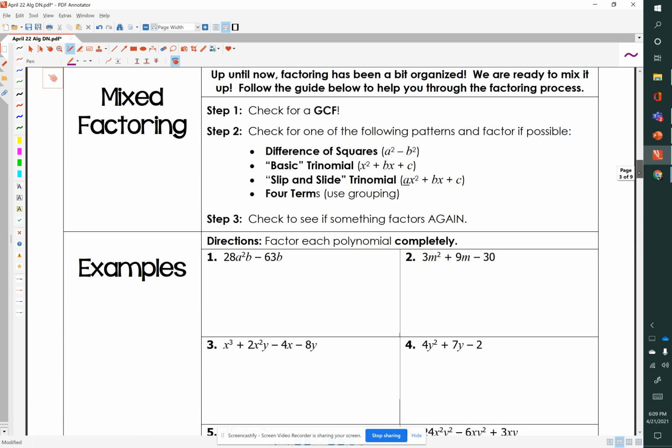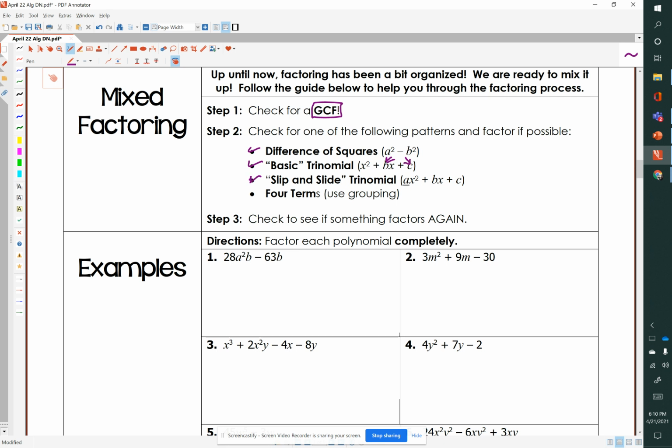So let's get started with that mixed factoring. And you've been given a lot of rules and a lot of tricks on how to do these, but let's look at some high level thought processes that you can go through. The first thing you want to do is check for a greatest common factor. And once you've done that, see what do you have left? Do you have a difference of squares, a basic trinomial where you find two numbers that add to b and multiply to c?